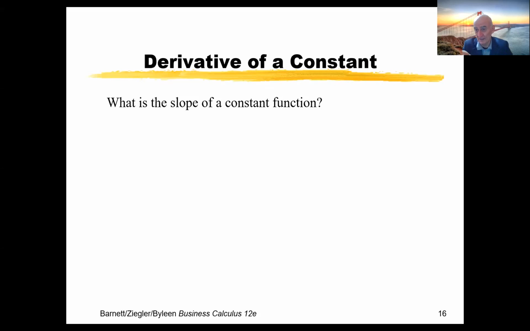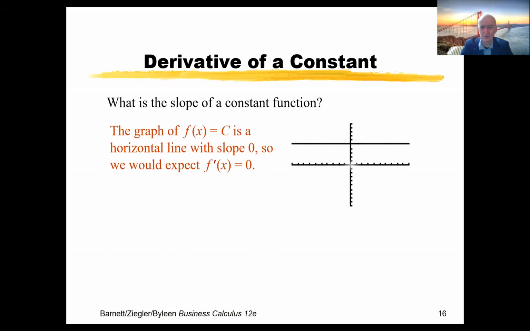And you know from the previous classes that the graph of this function is a horizontal line, and the slope of a horizontal line is 0. And also from the derivative, we know that slope is the derivative of the function, and the derivative of a constant function is 0. So the slope of a constant function is 0.